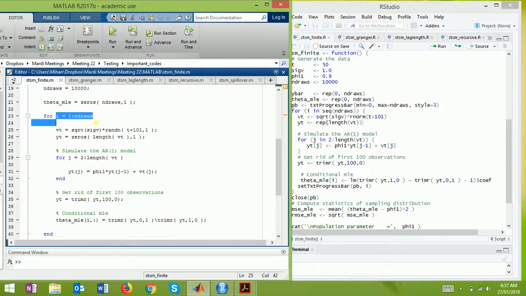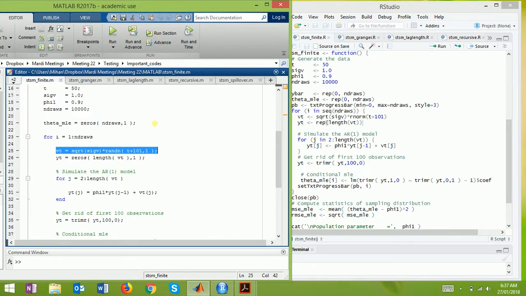So for 1 to 2 in 20,000 we set the residual, and for j equal to 2 to the size of v, which is t plus 101, while the number of t is only 50.